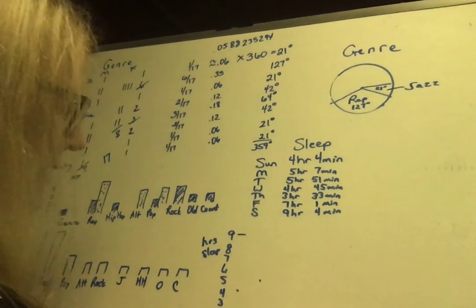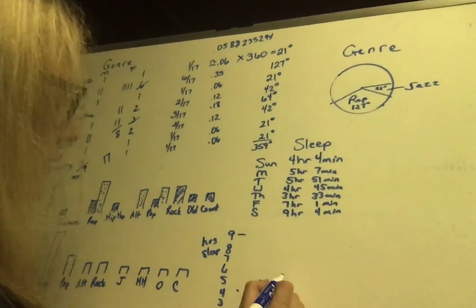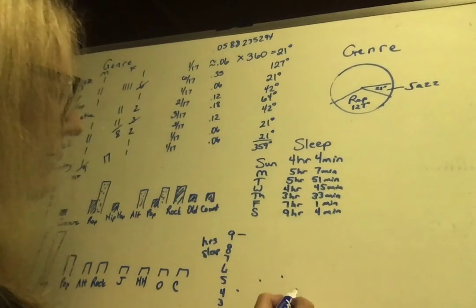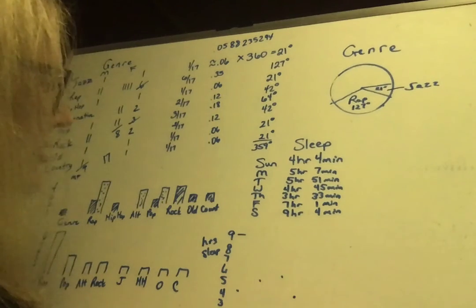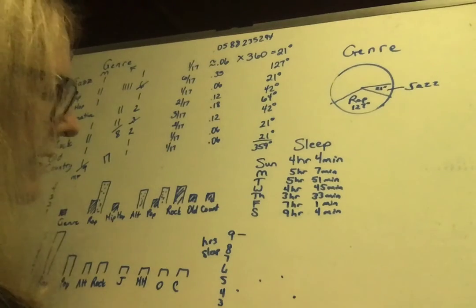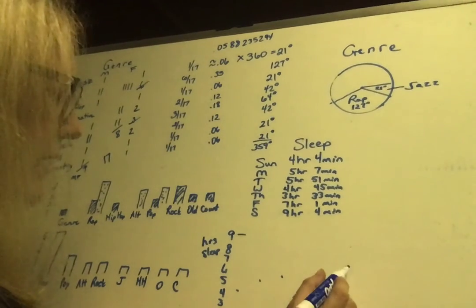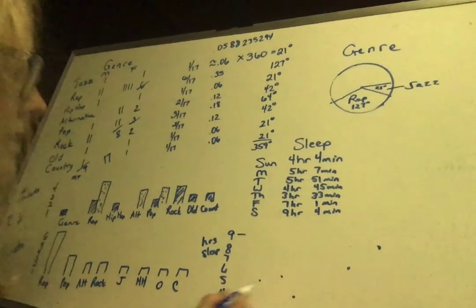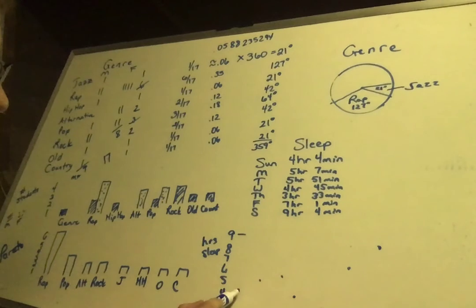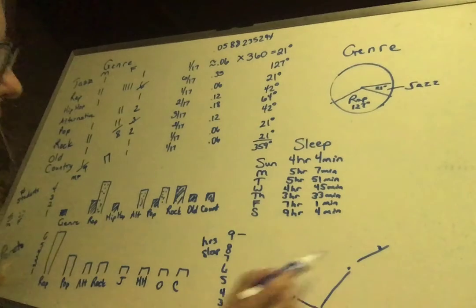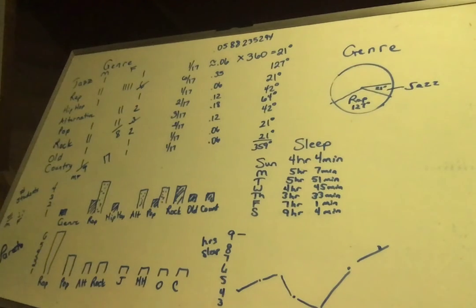Tuesday, 5 hours and 51 minutes. Wednesday is 4 hours and 45 minutes. Thursday, 3 and a half hours. Friday is 7 hours. And Saturday is 9 hours. And so what it does is connect the dots. That is basically a time series graph.